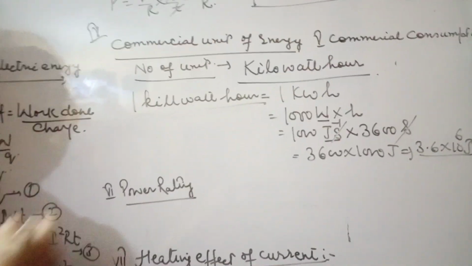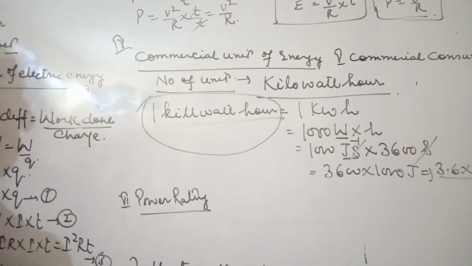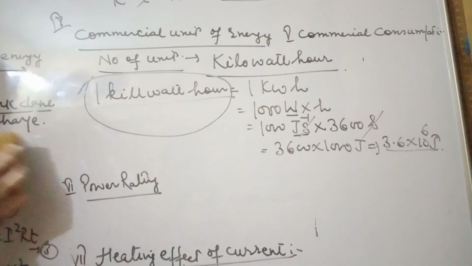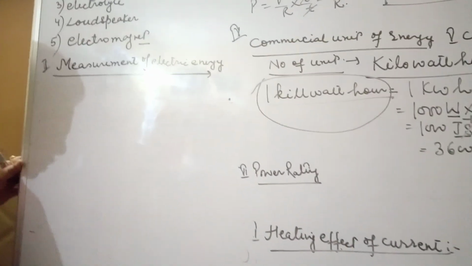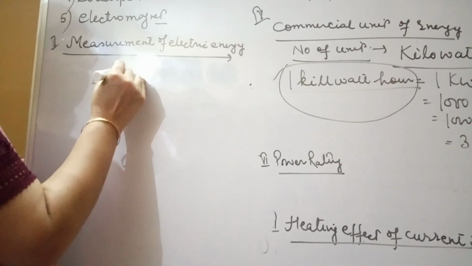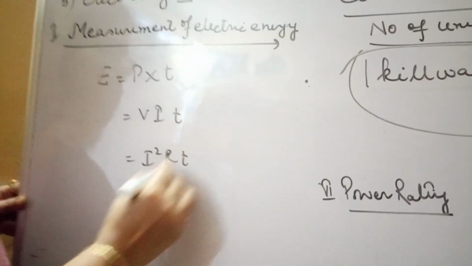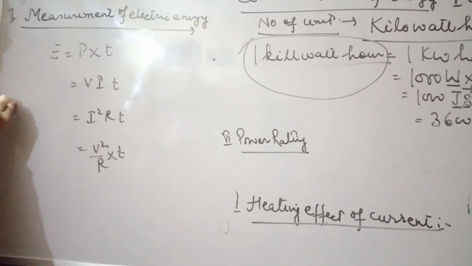But now the question arises, how can we calculate energy in kilowatt hour? For that, try to understand very carefully. See here, you know the energy formula as I already told you: P into T, VIT, I square RT, V square upon R into T. And you know power unit is watt.